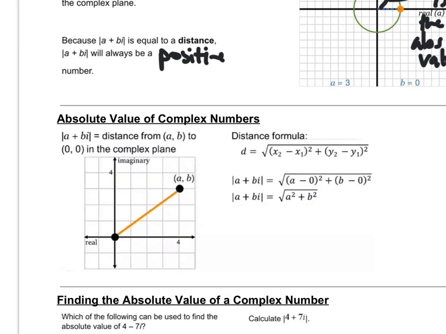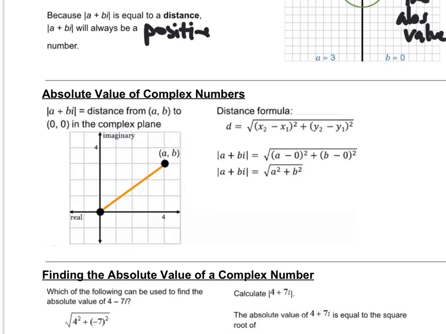So let's take a look at this for a second and ask, how do you find the distance between 2 points? What we want to use is the distance formula: the square root of x2 minus x1 squared plus y2 minus y1 squared, where the origin is the x1, y1 point, and the point in the complex plane is the x2, y2 point.